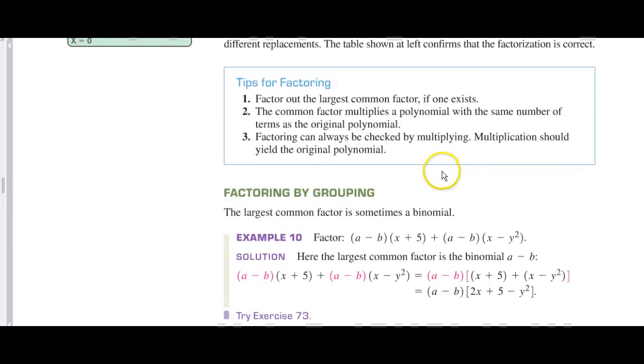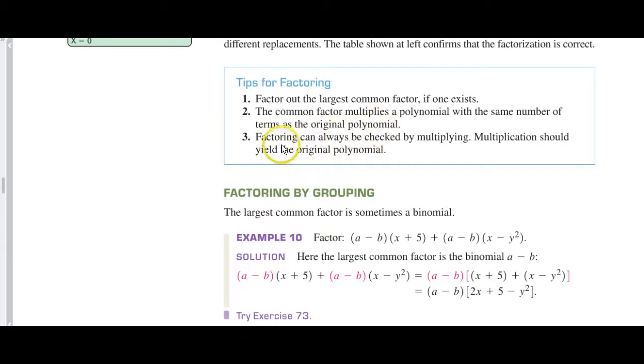And we're now going to summarize then tips for factoring. Factor out the largest common factor if one exists. The common factor multiplies a polynomial with the same number of terms as the original polynomial.